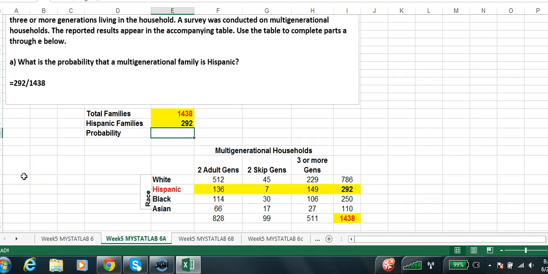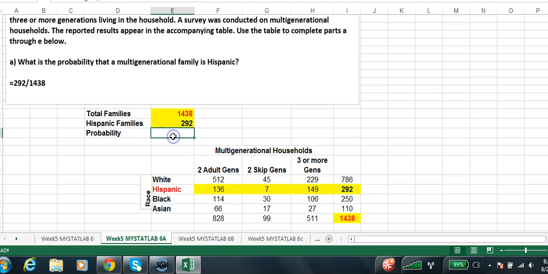So we're asked, what is the probability that a multi-generational family is Hispanic? So let's take a look at our table. We go to the Hispanic race and we go all the way over to our farthest right-hand cell, which is 292. We know that 292 of the 1,438 households that were surveyed identified as Hispanic.